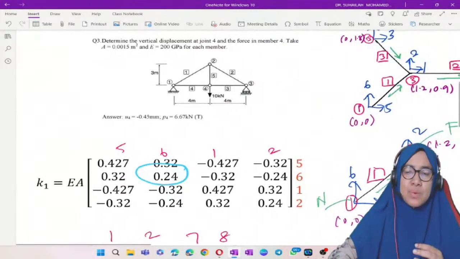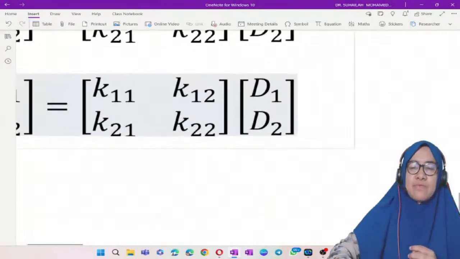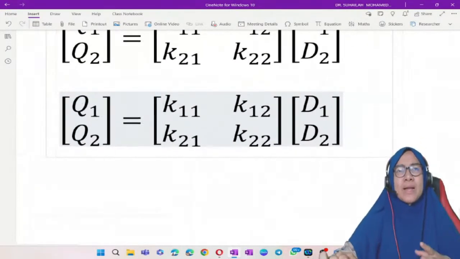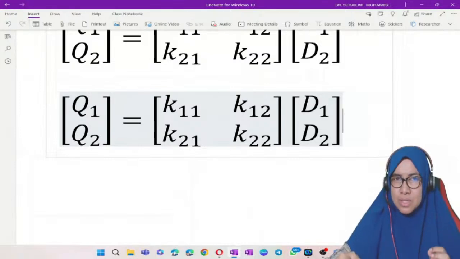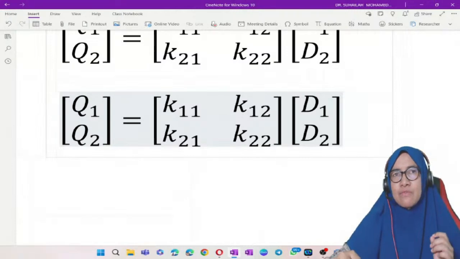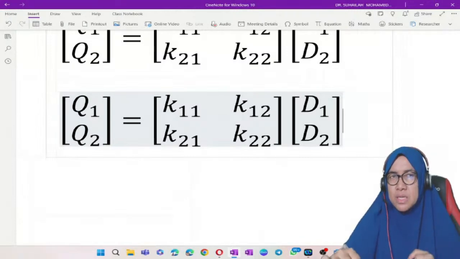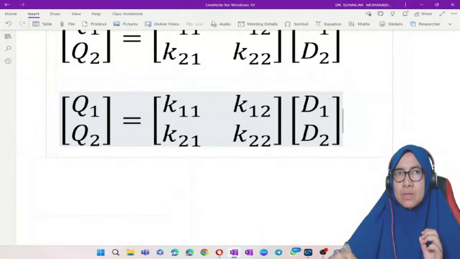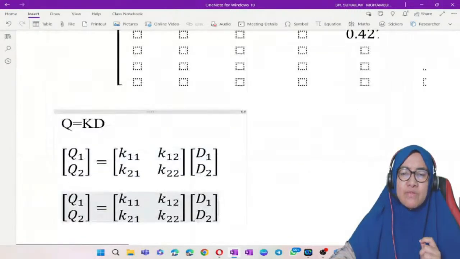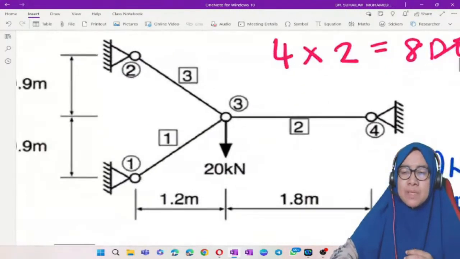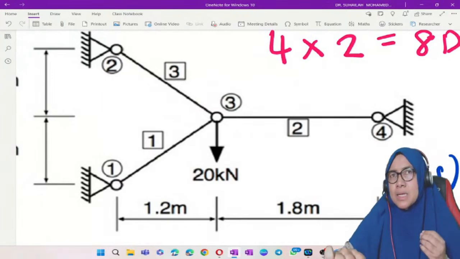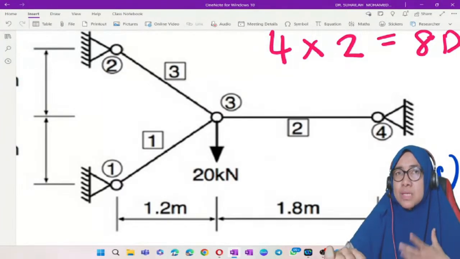The rest we have to substitute with values. Q1 and Q2: Q at position 1 refers to the horizontal direction, so Q1 refers to the horizontal force at node 3.